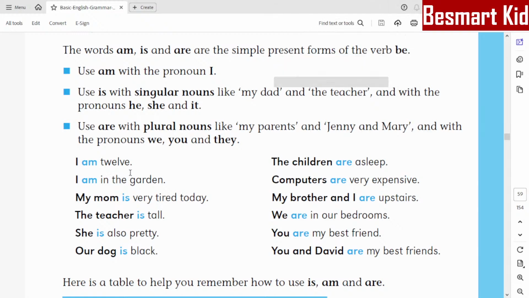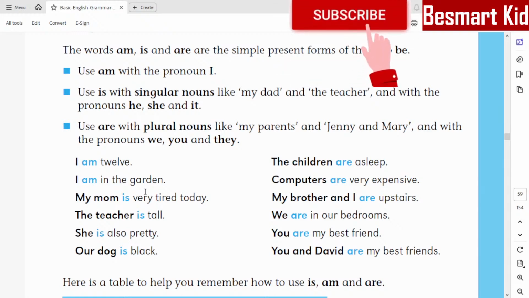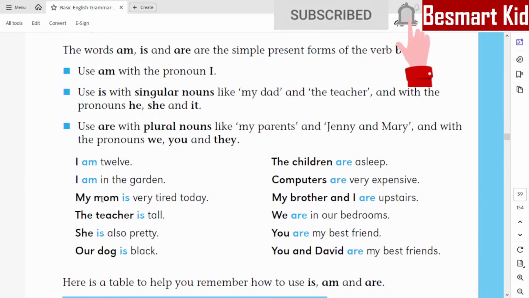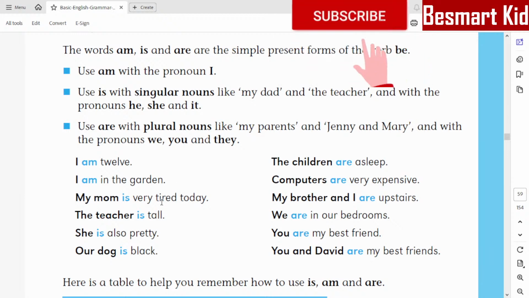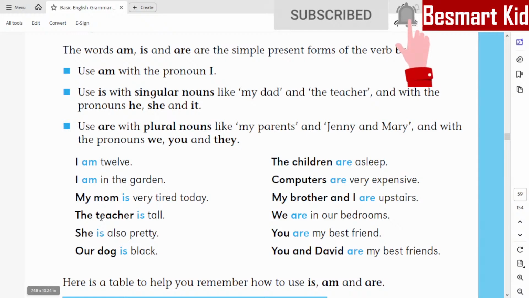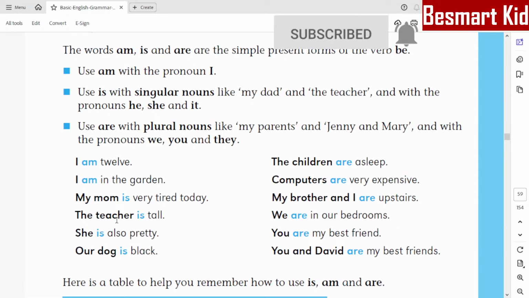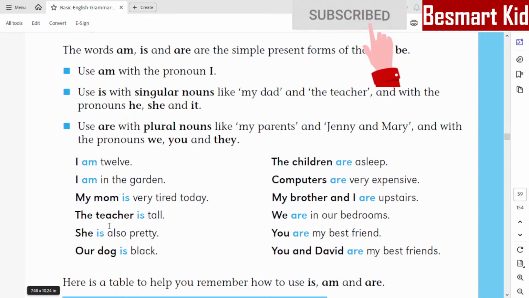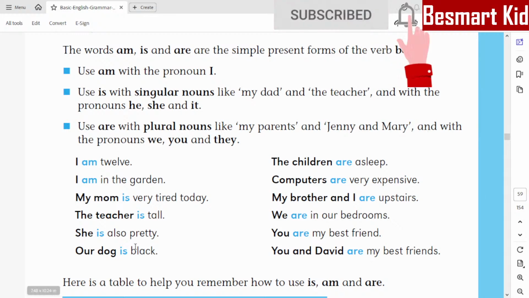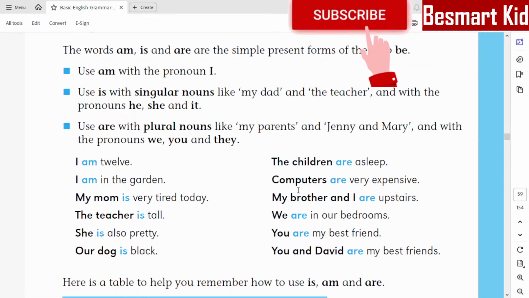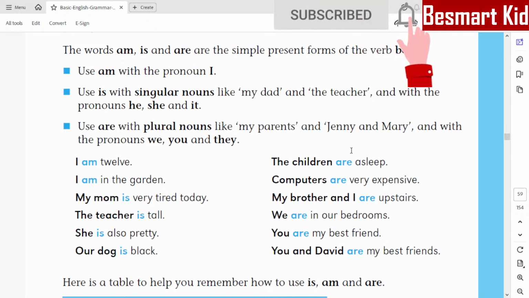I am 12. I am in the garden. My mom is very tired today. The teacher is tall. She is also pretty. Our dog is black. The children are asleep.